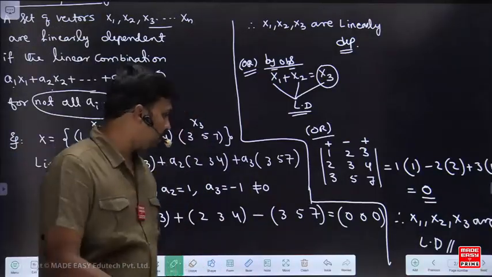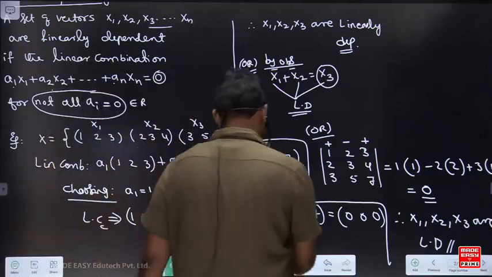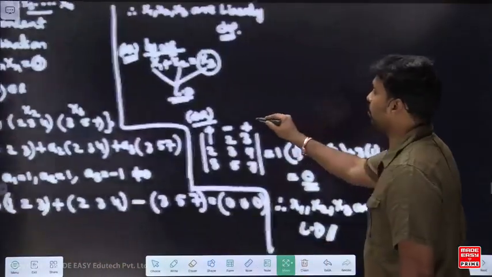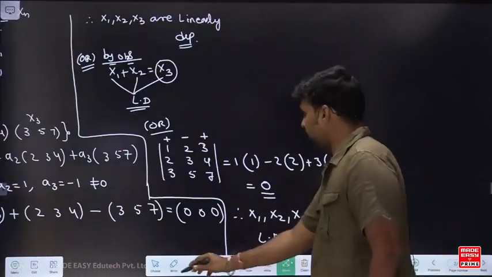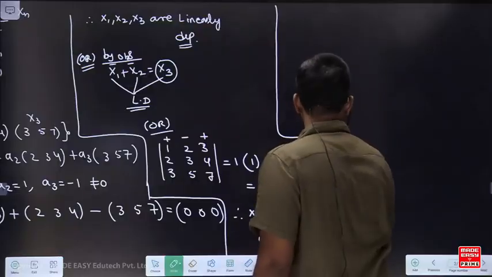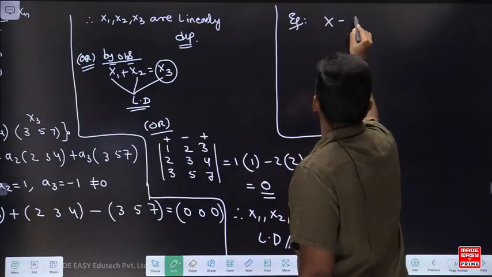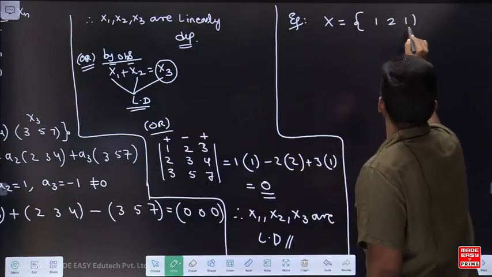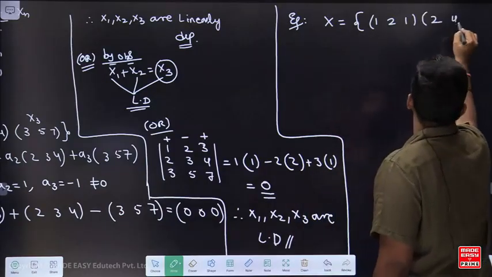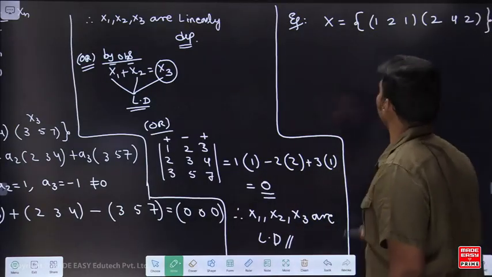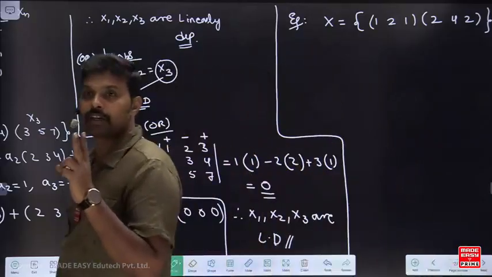And I will take one more example here. I will take one more example, my dear, see this. If we have only two vectors, let us take another example here. X is equal to 1 2 1 and 2 4 2. That's it. We have only two vectors, my dear.